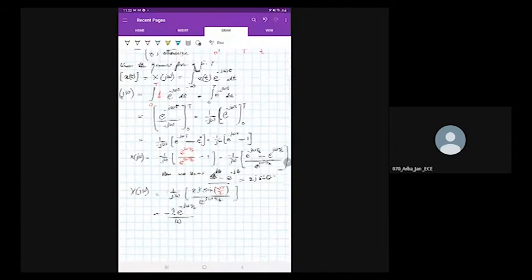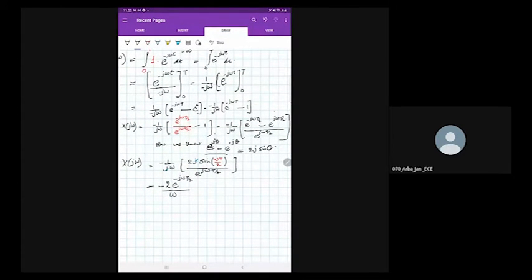So this is minus twice e raised to power minus j omega t by 2 divided by omega, then inside we have sine of omega t by 2.